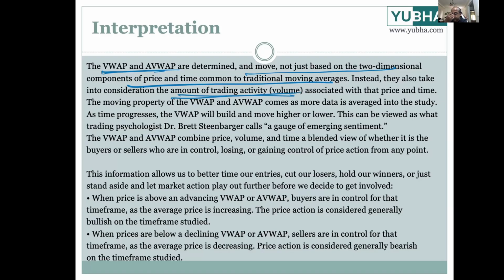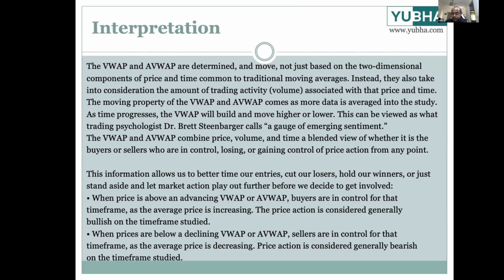Because it is a multiplication of volume into price, so it is not only a traditional two-dimensional move, but it also takes into account the volume, which is typically plotted on a separate chart at the bottom. All three components are combined into one single indicator, and that is why it is not just a two-dimensional indicator based on price and time. It also includes volume, which is the amount of activity that has happened on that particular stock.